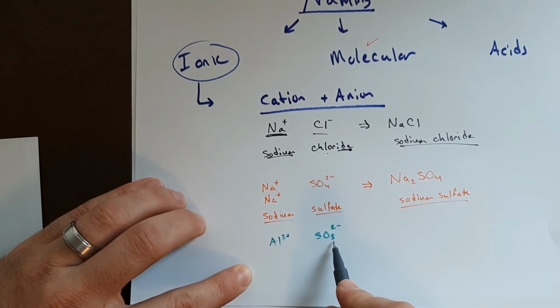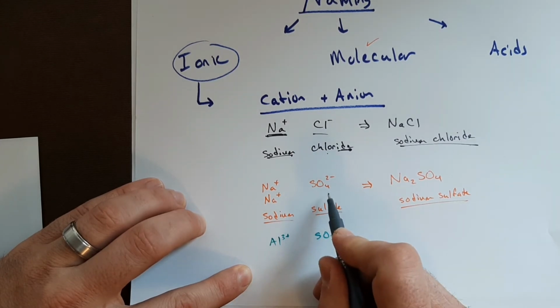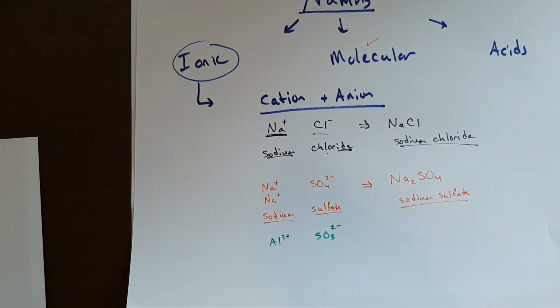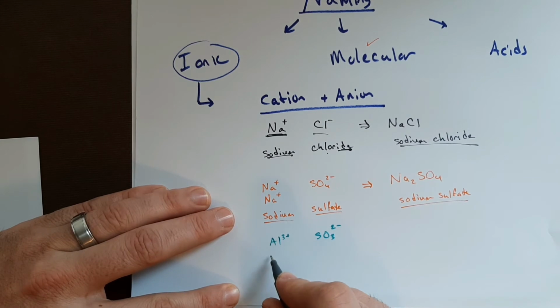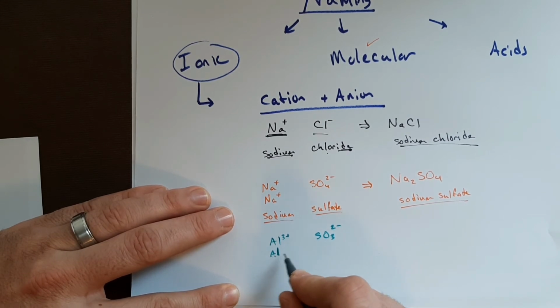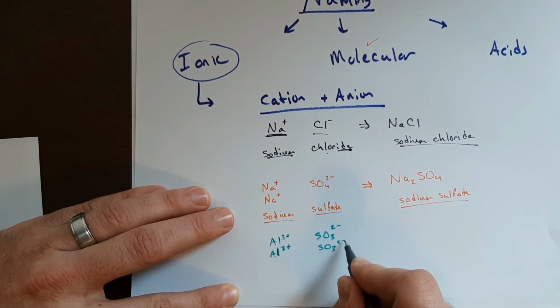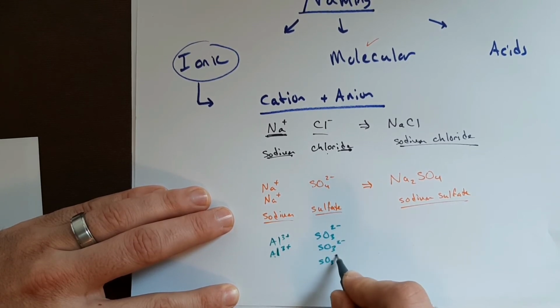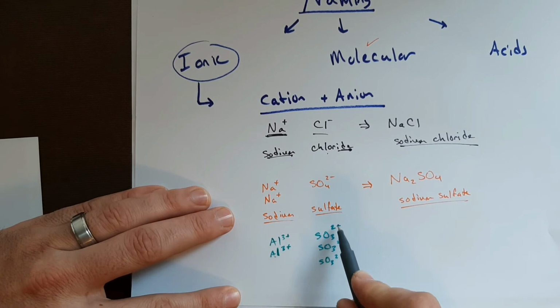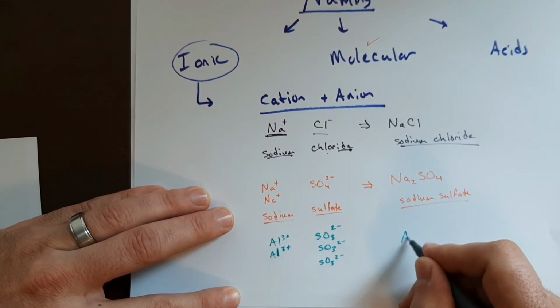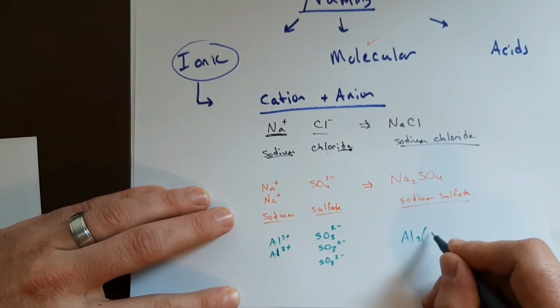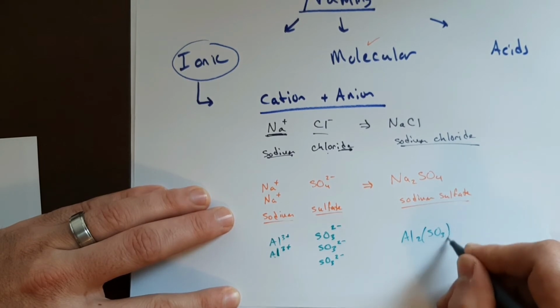That's 3 oxygens instead of 4 oxygens. So to name that, we could put the compound together first. We're going to need 2 aluminums and 3 sulfites to get 6 positives, 6 negatives. It'll be Al2SO3.